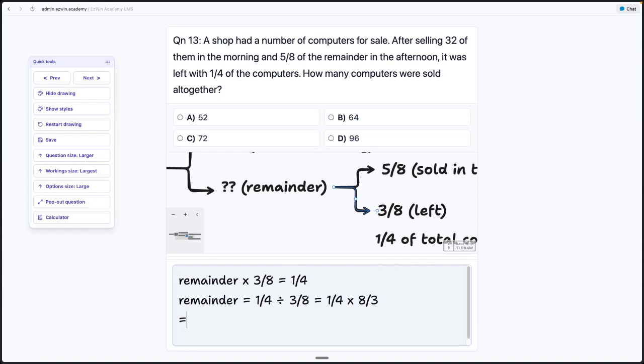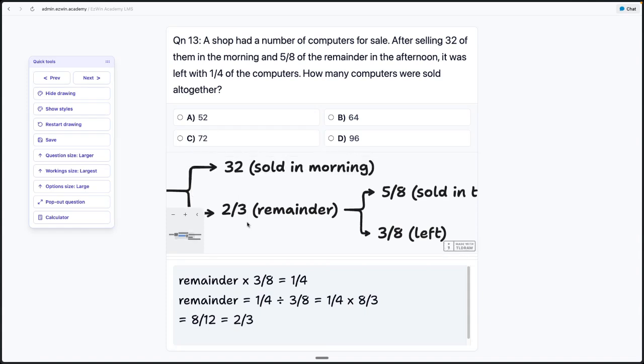If we do this normally, this will be 8 over 12, which becomes 2 over 3. So the remainder is 2/3.